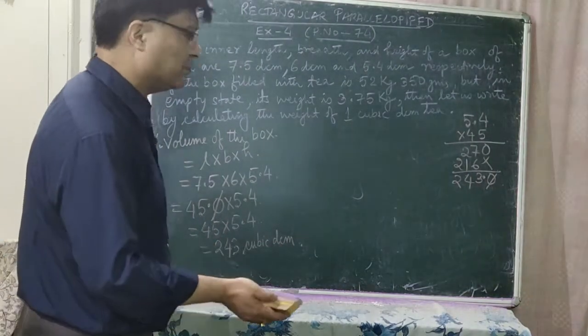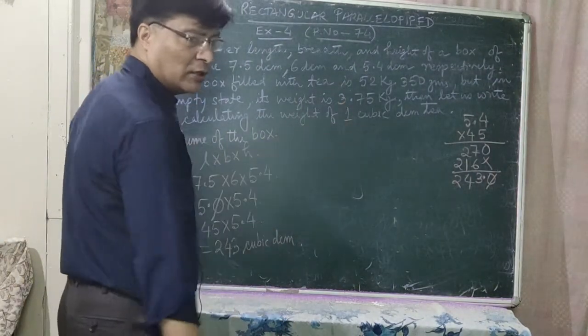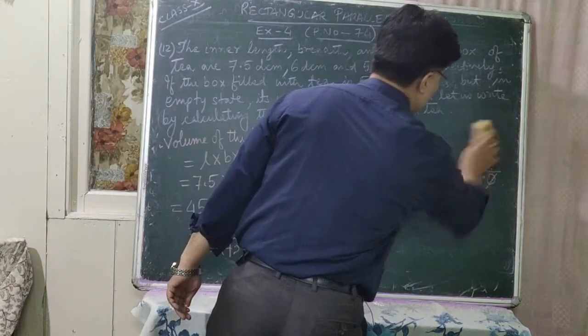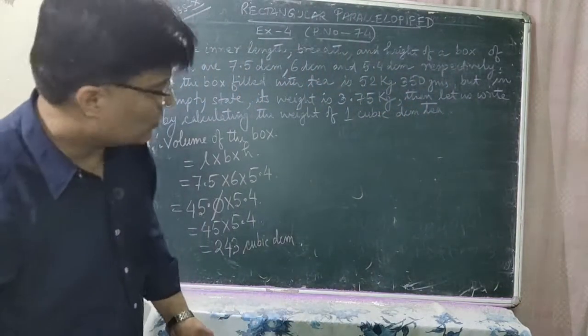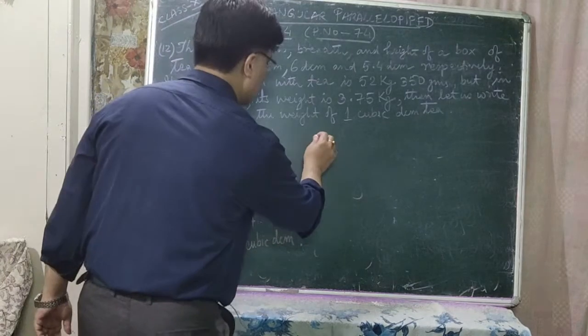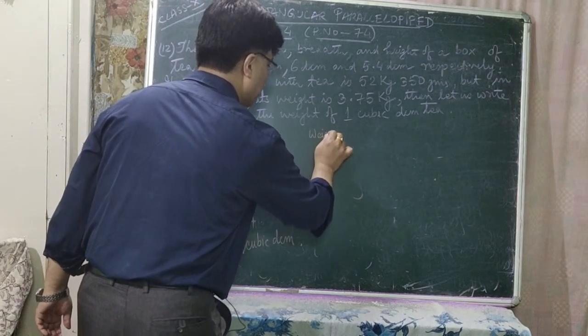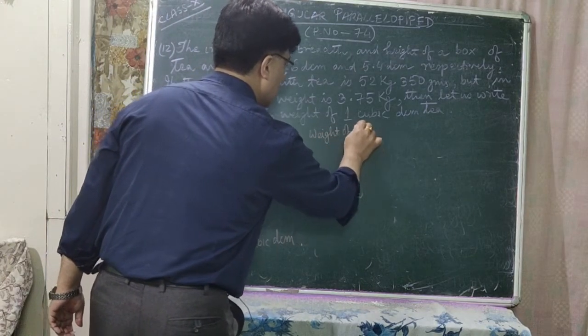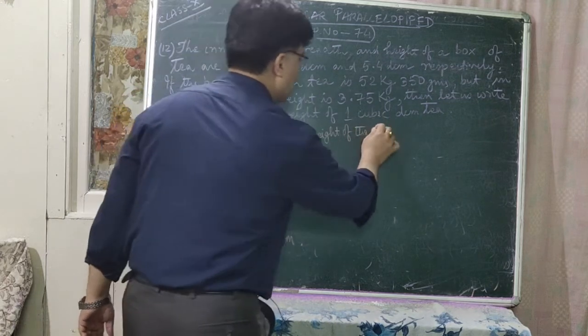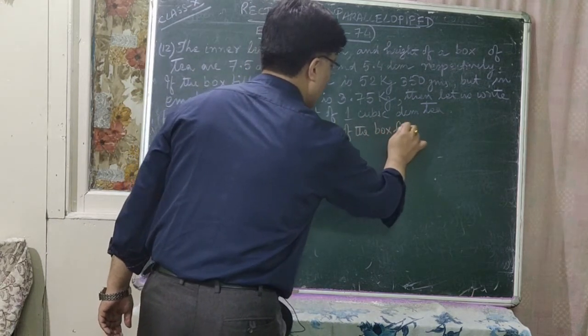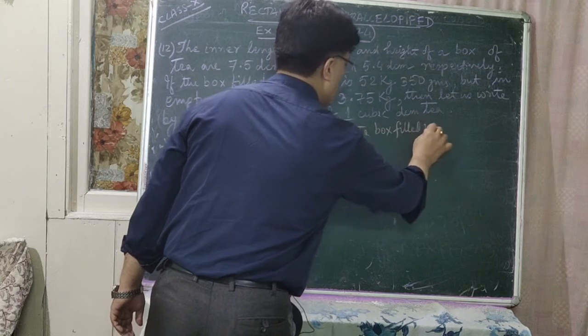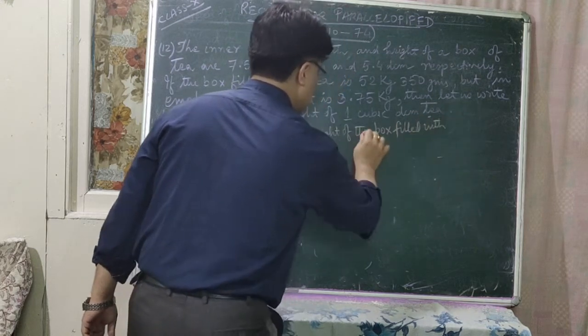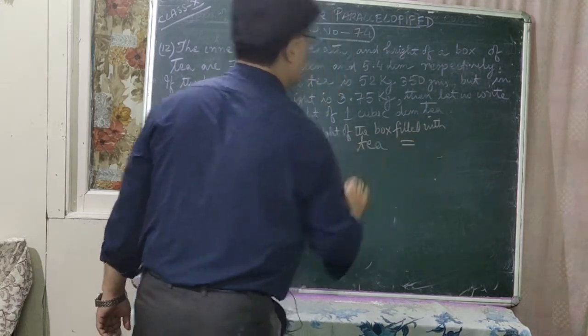So let us write it here. So I think you know this multiplication. Okay? So now in this case, weight of the box filled with tea is equal to, how much is it?